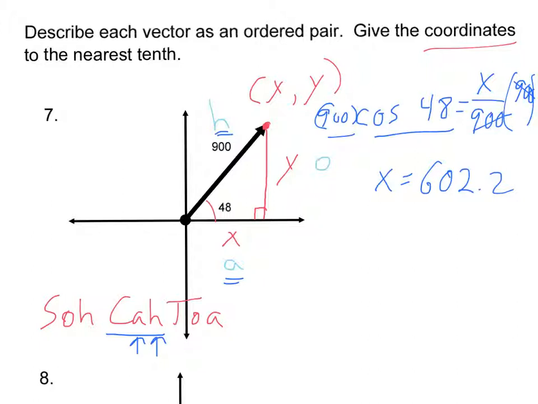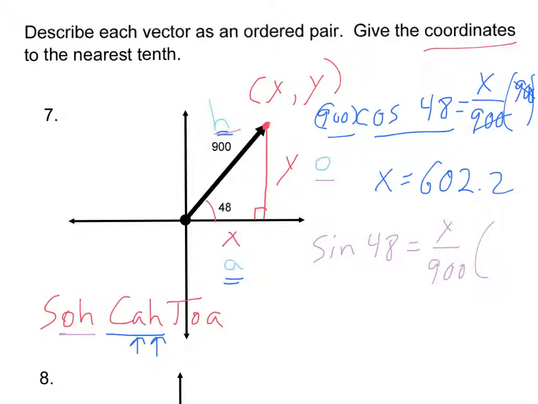Okay, now let's take a look at the y. We need to solve for the y coordinate. Which trig ratio uses opposite and hypotenuse? Well, that's going to be the sine ratio. So the sine of my angle, which is 48 degrees, is equal to opposite over hypotenuse.